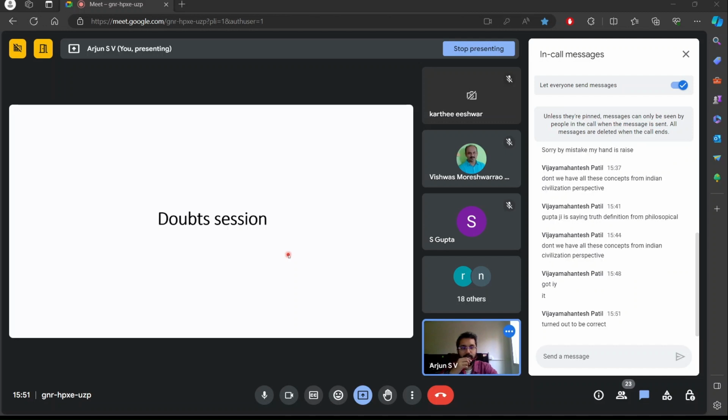Oh, it turned out to be correct. Very well then. But I still do think that there is just inductive logic. I have some concerns about how it can also be deductive logic. The same thing was with me also, sir.